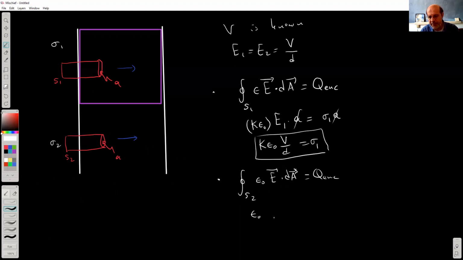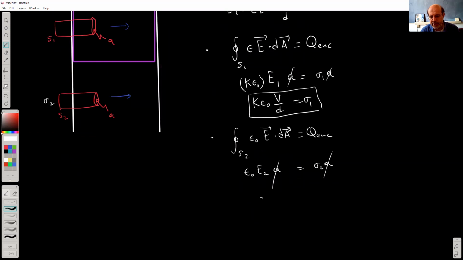So this is epsilon 0 E2 times the area. The enclosed charge is equal to sigma 2 times the area. Areas go away, and I know what E2 is. So epsilon 0 V divided by D is sigma 2.